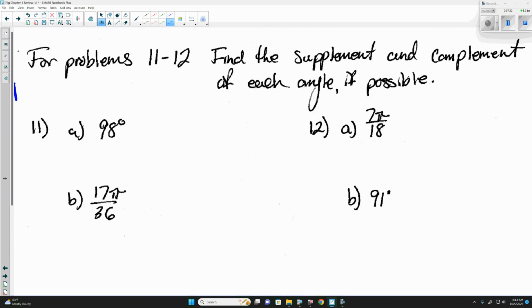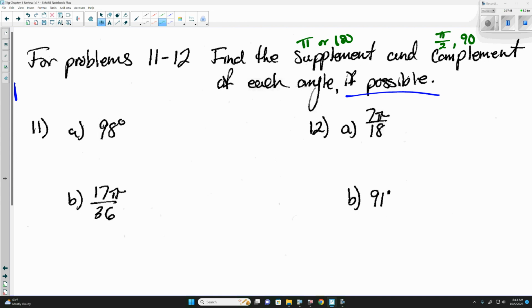Find the supplement and complement of each angle if possible. Supplement adds together to be pi or 180. Complement adds to be pi over 2 or 90. The main way I remember these is that complement, you're just complimenting someone, you're kind of going about halfway.